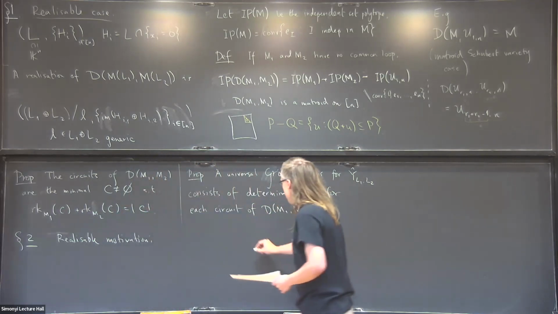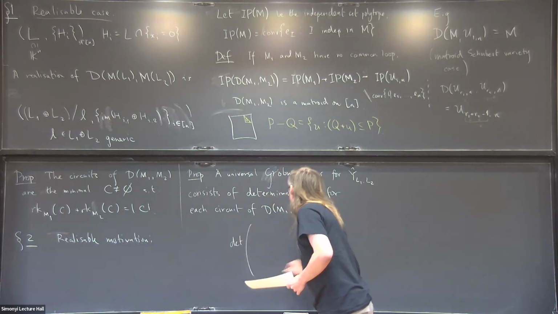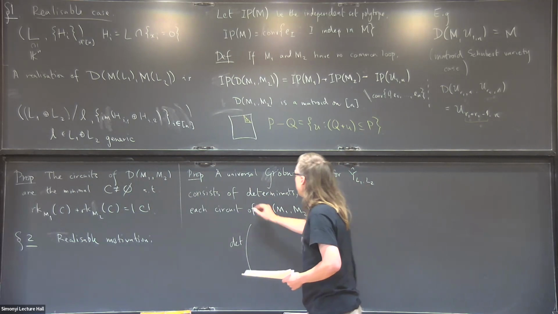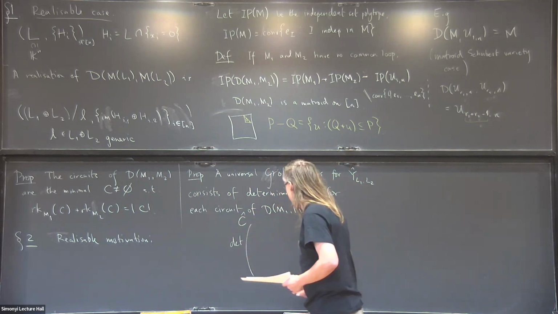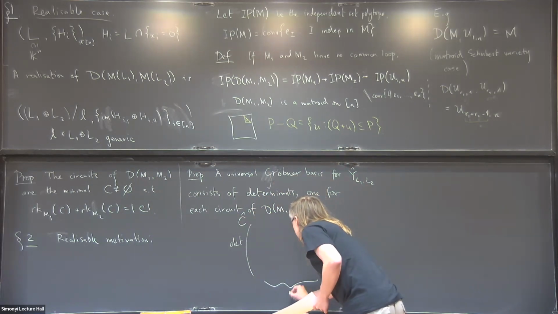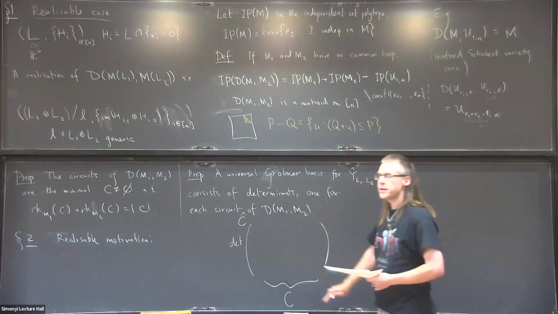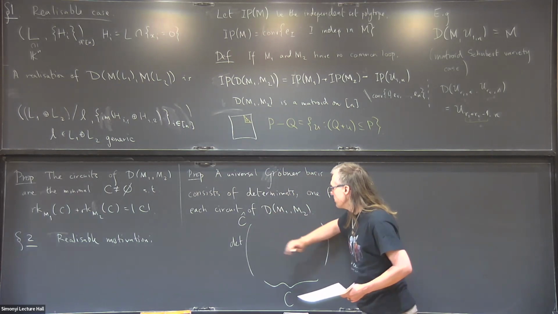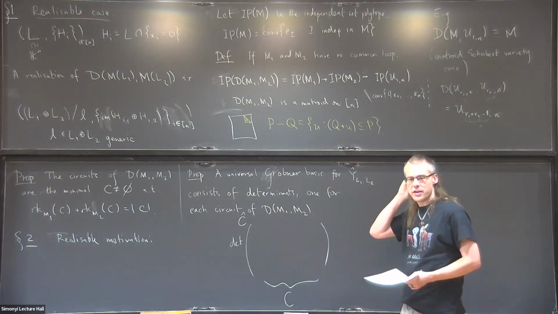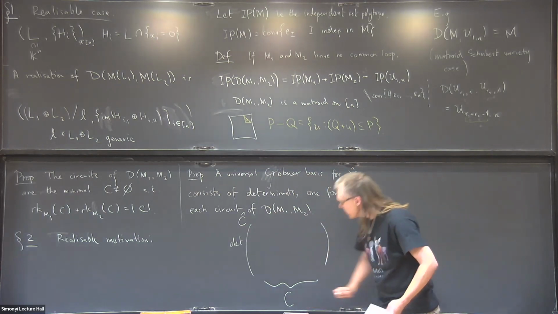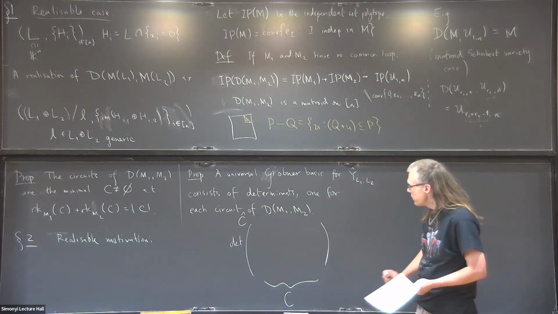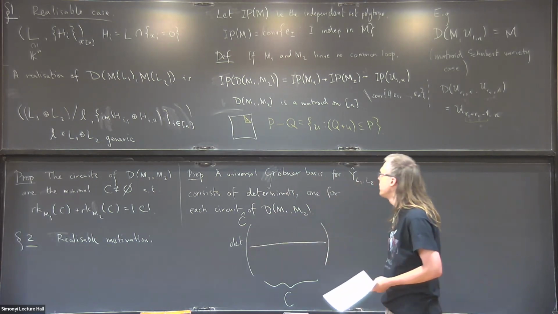What is the shape of the matrices I'm taking the determinant of? Well, if I've got a circuit C of D, the columns of this matrix are indexed by C, using the convention that columns index the graph. I'm going to have a part that comes from N1 and a part that comes from N2.